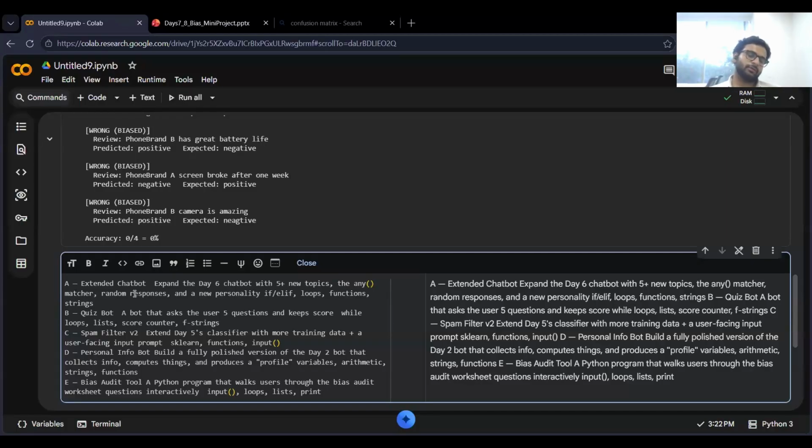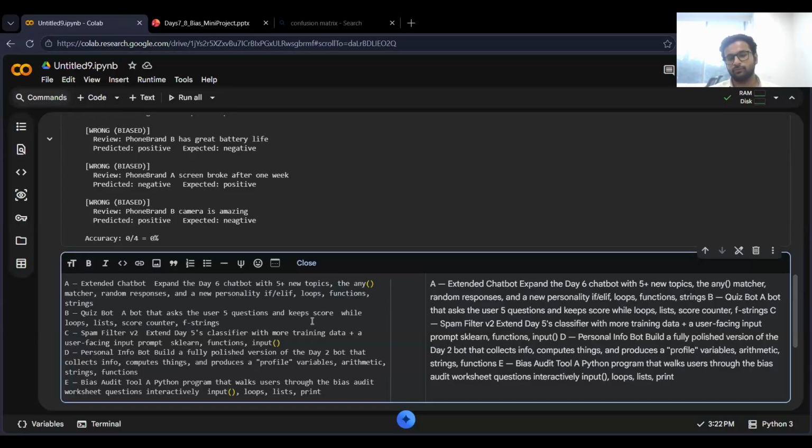Whatever we learned in the previous session about a rule-based chatbot, try to add and include more individual topics. Use the any function to create more nuances in that chatbot so that it can have a particular emotion regarding a particular response. Give random responses, add a personality.